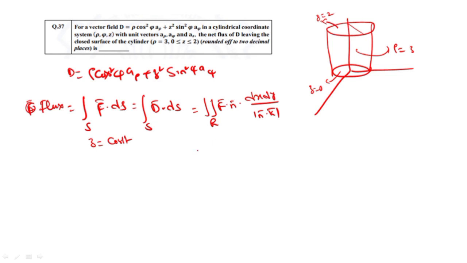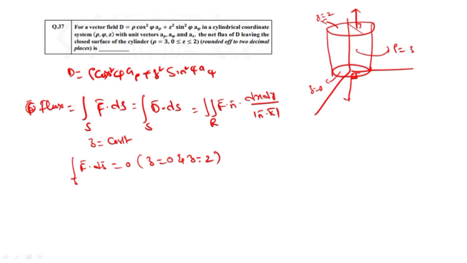So when z is a constant, the unit vector perpendicular to that surface is k bar. Then that will be 0, the flux will be 0. The integral over S of F bar dot ds bar is 0 in the case of z equal to 0 and z equal to 2.